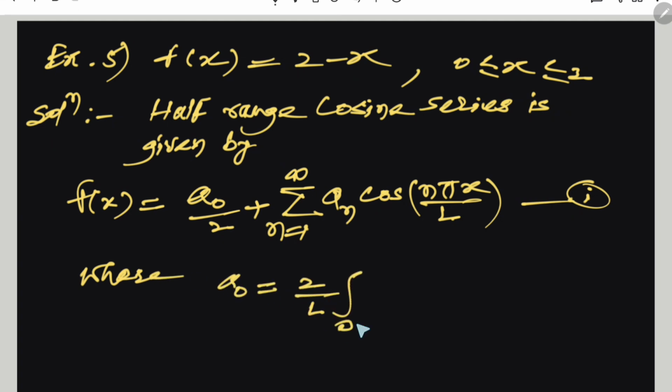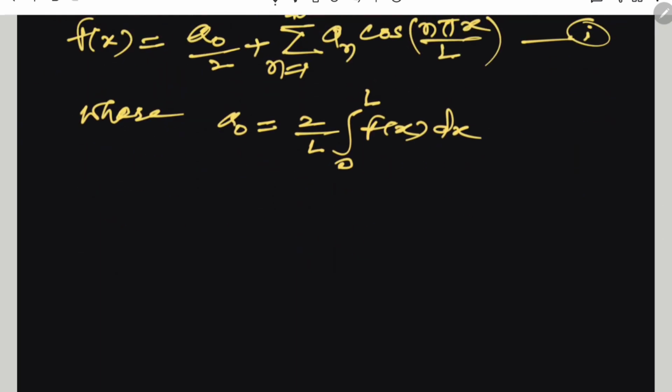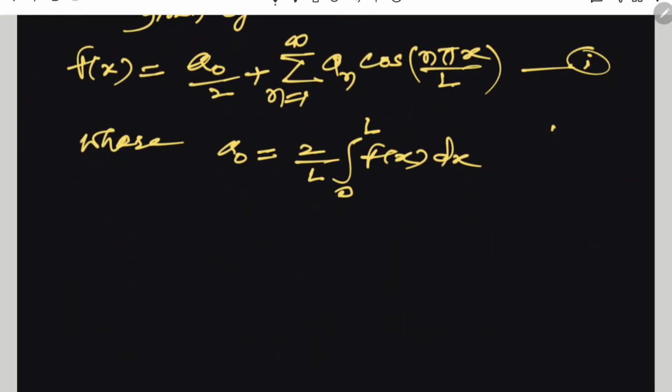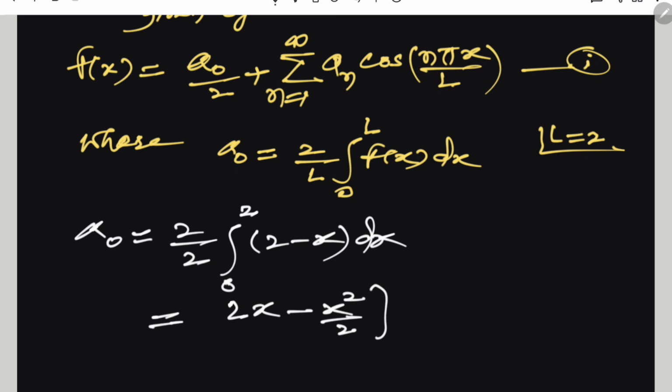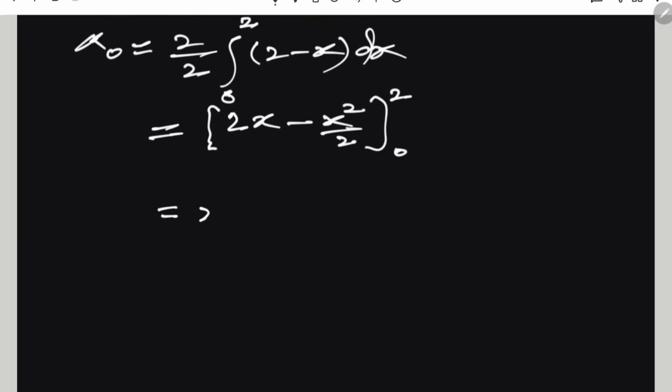a0 is equal to 2 by L integral from 0 to L f of x dx. Substituting value of L as 2, we get a0 is equal to 2 by 2 integration from 0 to 2, and f of x is 2 minus x. Its integration with respect to x, 2 to get cancelled, we get integration of 2 as 2x and integration of x as x square by 2, limit from 0 to 2.